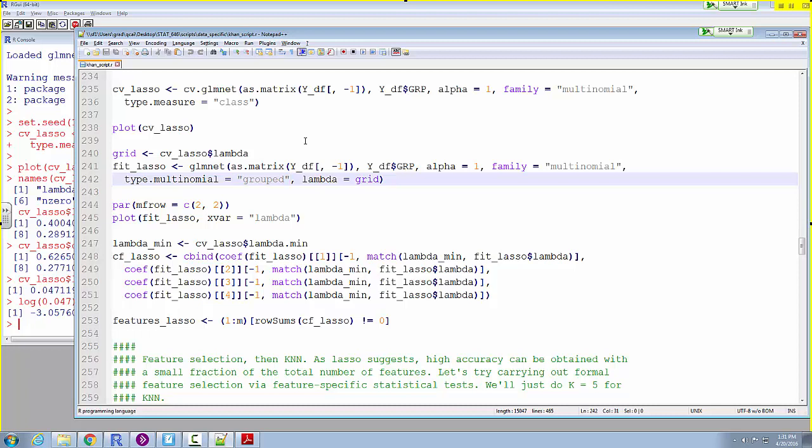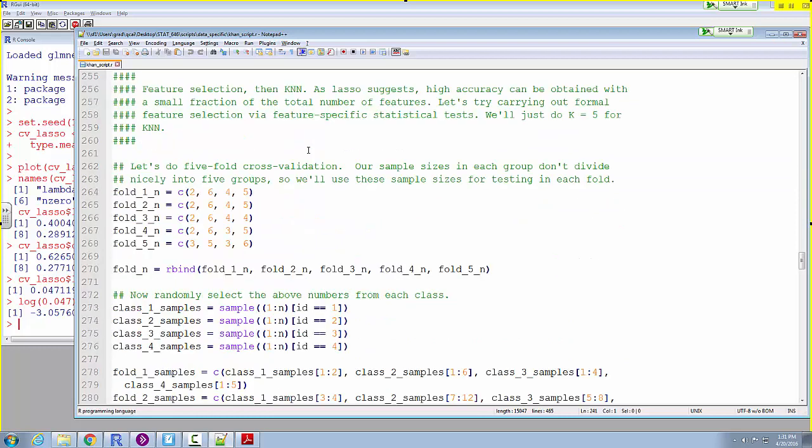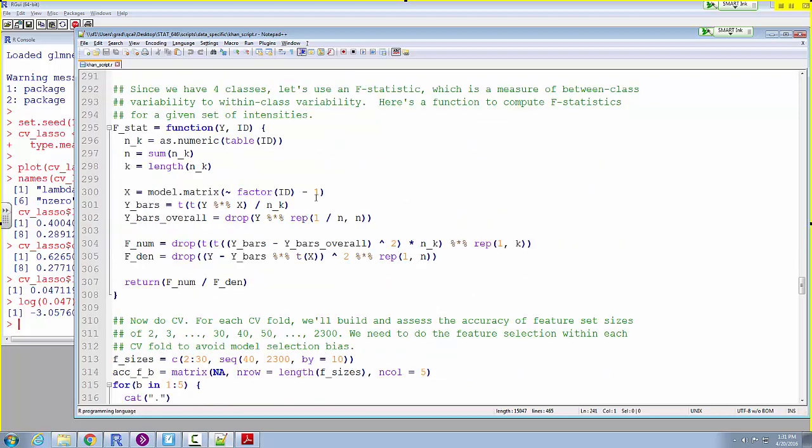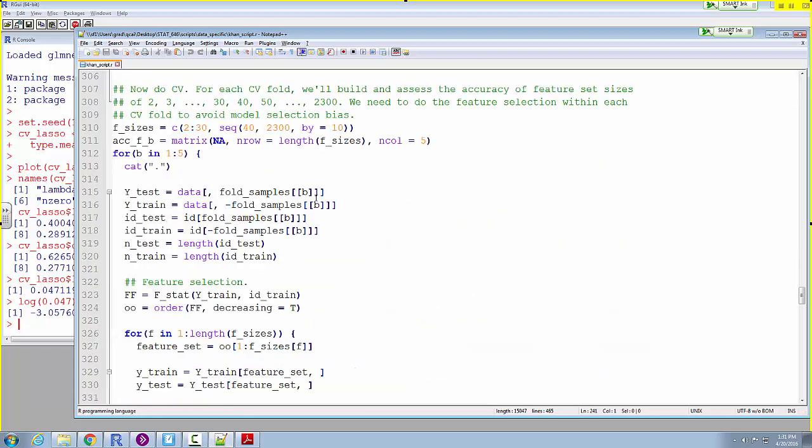But we fit the model, and then we can go into that result and pick out the coefficients that correspond, so basically the fitted values for the lambda that we want.